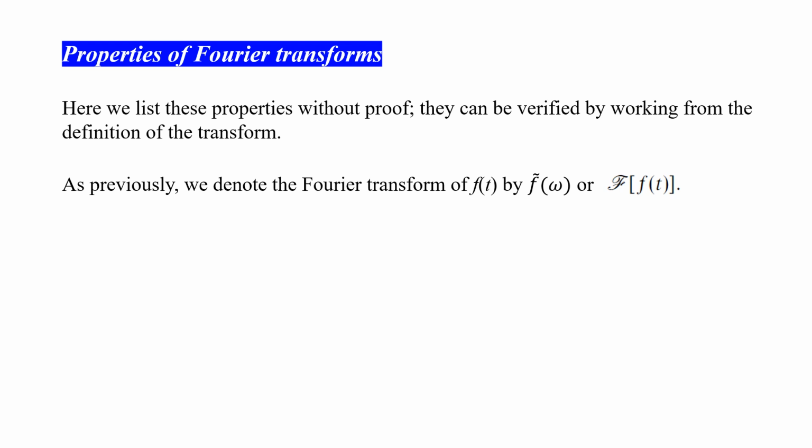Now, lastly, let's discuss the properties of the Fourier transforms. Here we list these properties without proof. They can be verified by working from the definition of the transform. As previously, we denote the Fourier transform of f of t by your F of omega, or this cursive F of t. So either this one or this one is your Fourier transform representation.